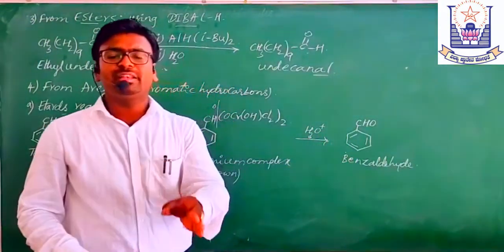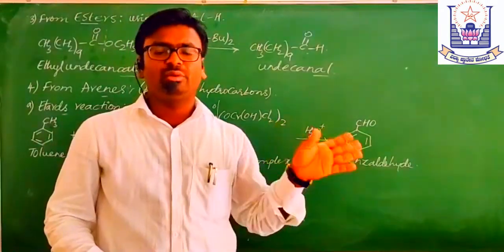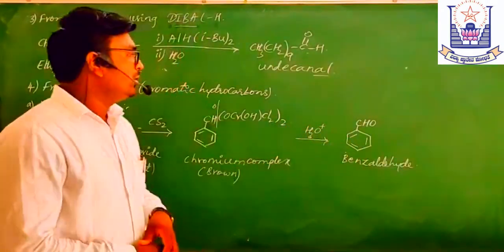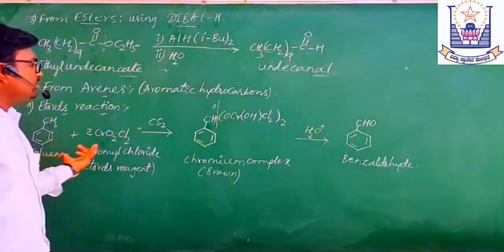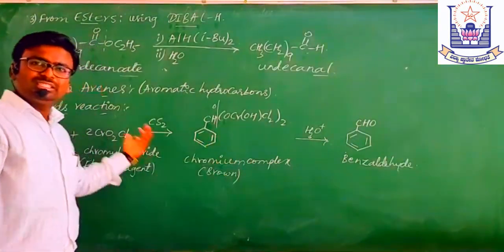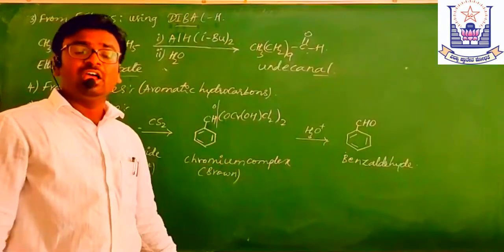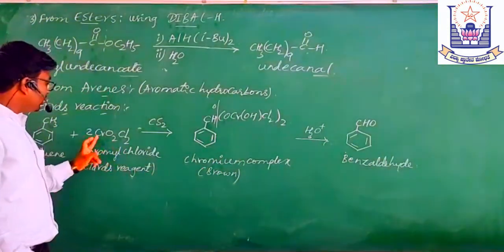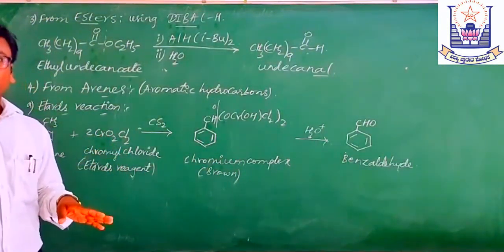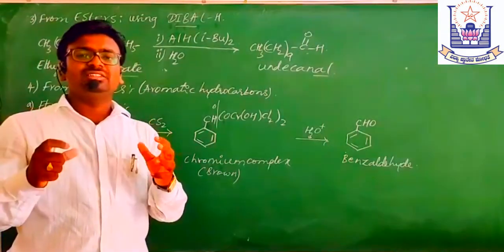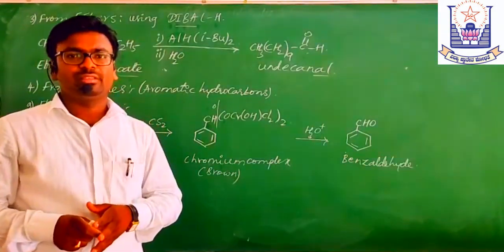This much explanation is enough to get full marks. So here you need to remember everything. What is the reagent used? Etard's reagent. What is Etard's reagent? Chromyl chloride gas. What is its formula? CrO2Cl2. You need to concentrate on everything.